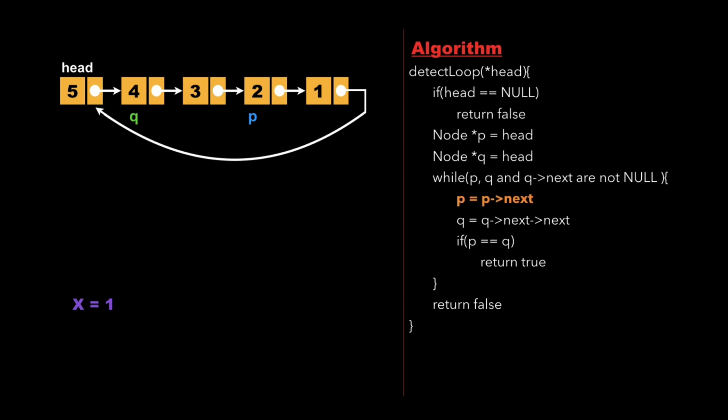This condition is true, so again we update p as p of next, q as q of next, and check whether p is equal to q. They are not yet equal, so again we check whether p, q and q of next are not null. Yes, they are not null, so we update p as p of next, q as q of next. So in this case p and q both point to the same node, that is they are equal, so we return true.